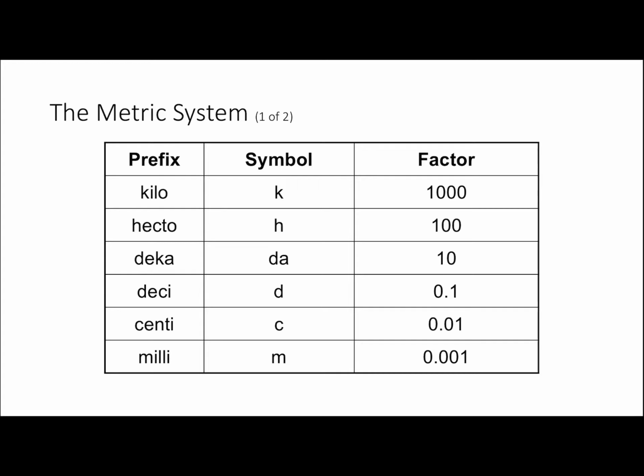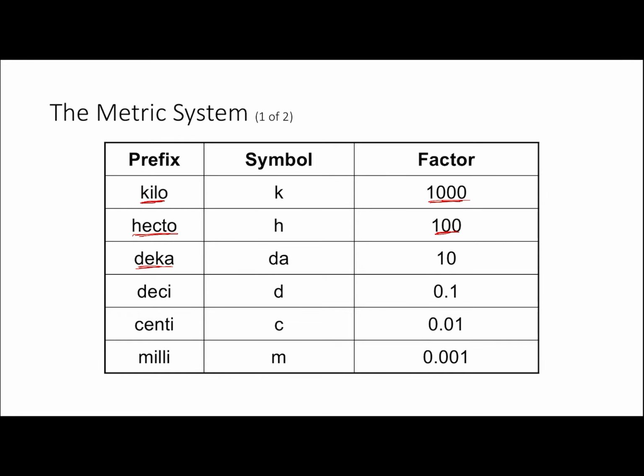And the metric system is really an easier system to use because it's based on tens. So in the metric system, you have a kilo. Prefix kilo means a factor of 1,000. The prefix hecto is a factor of 100.